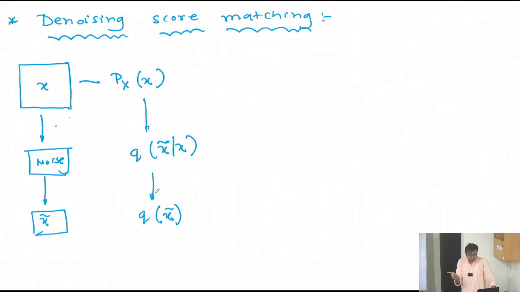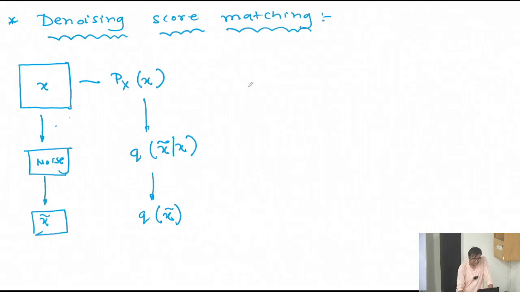Remember, there is no one-on-one correspondence between the left and right. The first one has the correspondence, but Q of X tilde given X is like adding noise. And once you add the noise, you get samples from Q of X tilde.